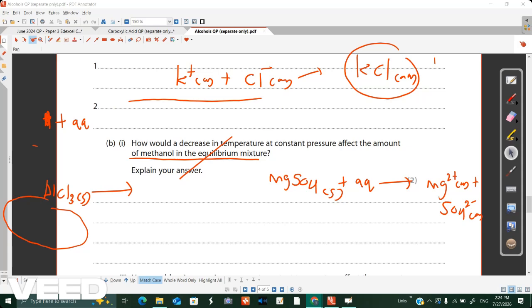Right. So this time H2O liquid, my advice, don't write it as H2O. If you write it as H2O, there's an issue with balancing it. How do you balance it?